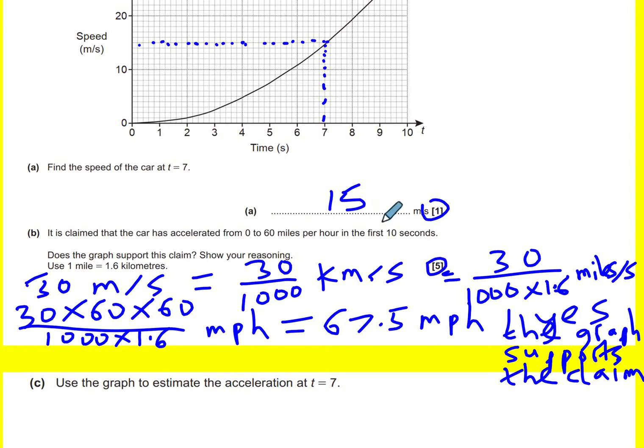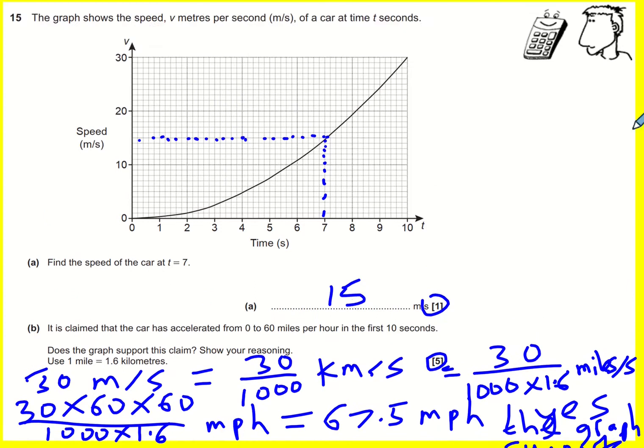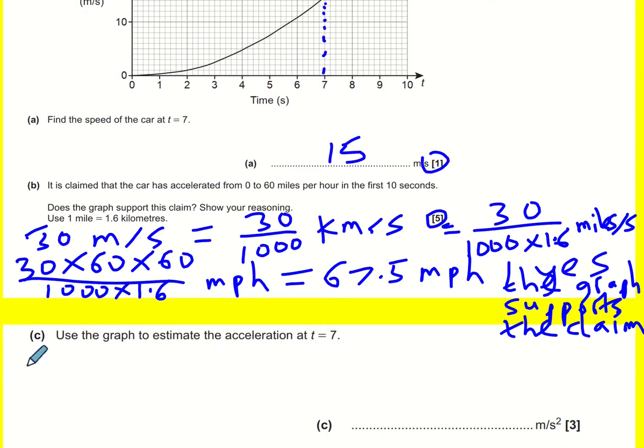Use the graph to estimate the acceleration at t equals 7. Now the acceleration is the change in speed, or change in velocity, over the change in time. That works really well when you've got a straight line speed time graph, because you just do rise over run.